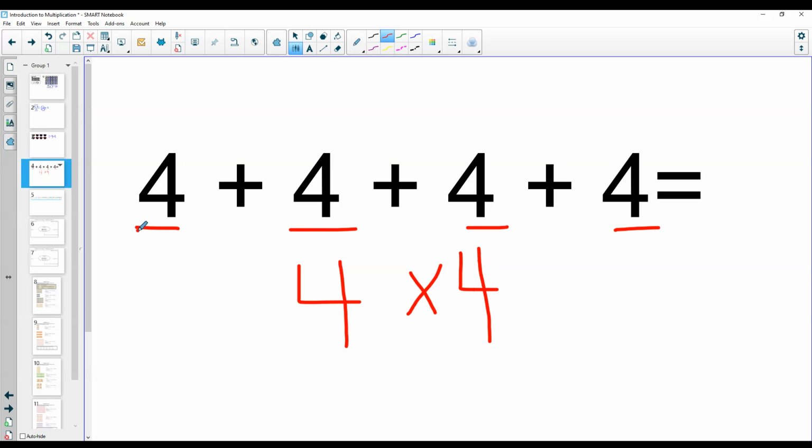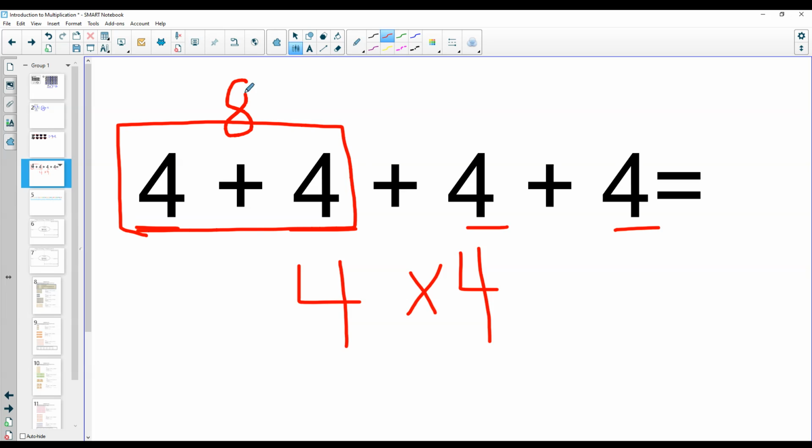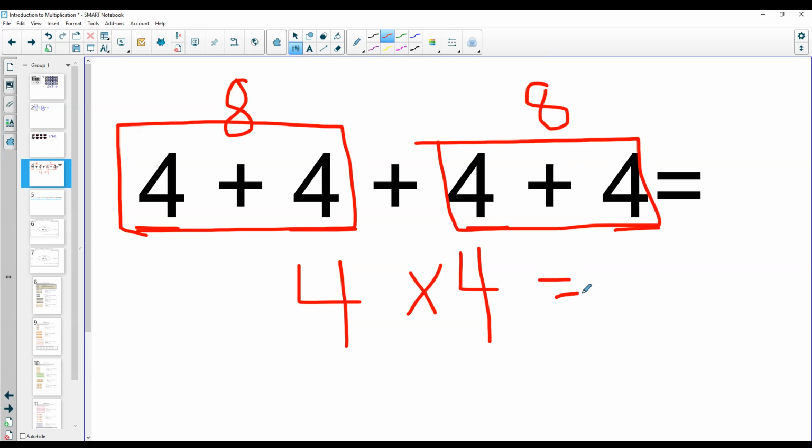I tell kids when we get to the 4s with multiplication, what I think about is you double 4, and then you double that double, because here we get 8, here we get 8. So if we double 8, we get 16. So when you think of 4s, 4 times 4, you double 4 and you double the double.